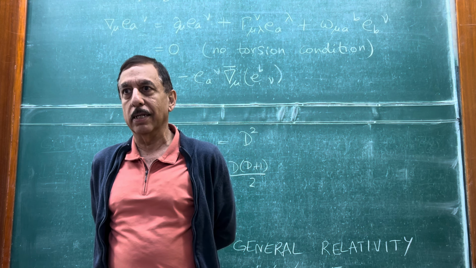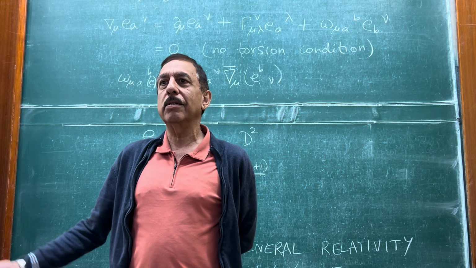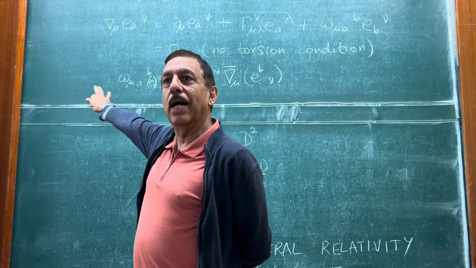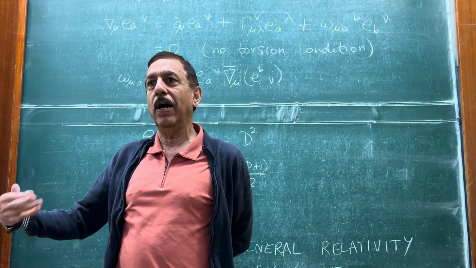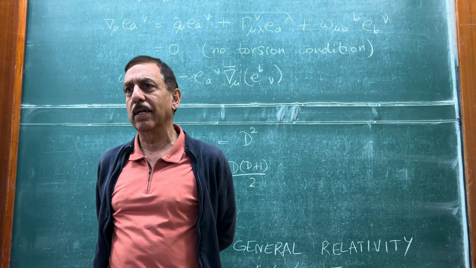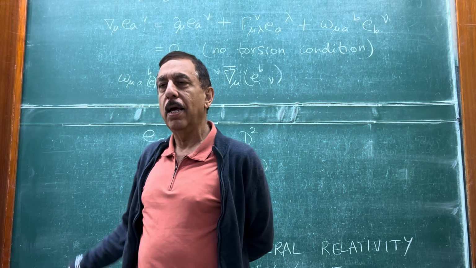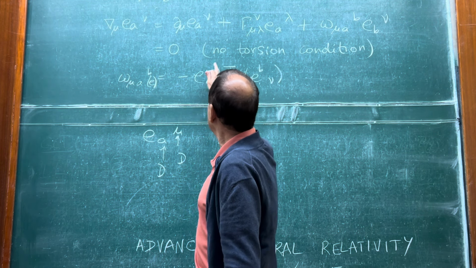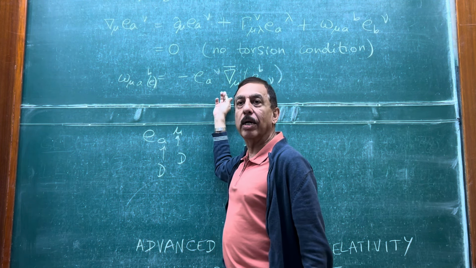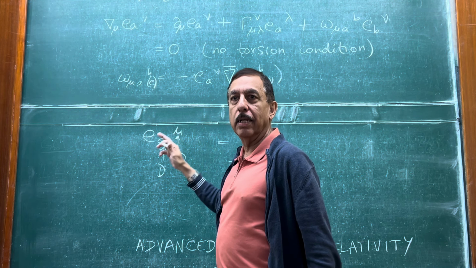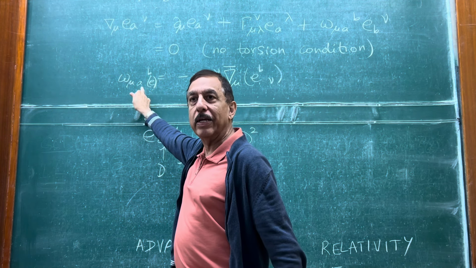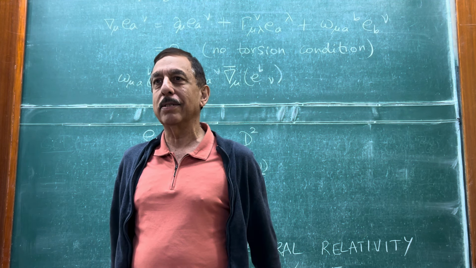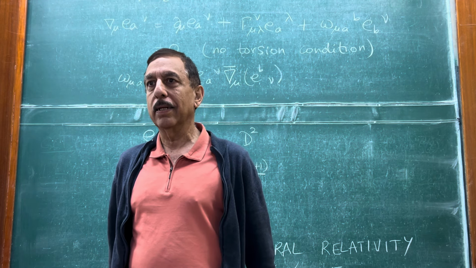It's called the torsion tensor, and it could be treated as a separate object. There's no need to impose that this is equal to some new tensor. If I had such a tensor in my theory, that's fine, I could just treat it as a different object. But it's much more convenient to work with this being zero, because if it's not zero, then of course I can't find omega in terms of E. Then omega is determined in terms of E and that unknown tensor. It's just like having much more data than you really want.